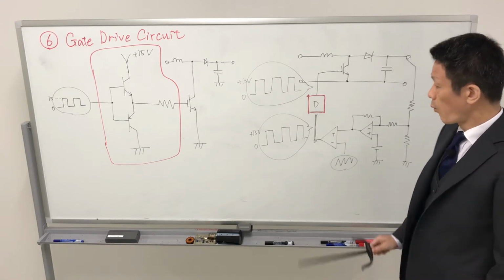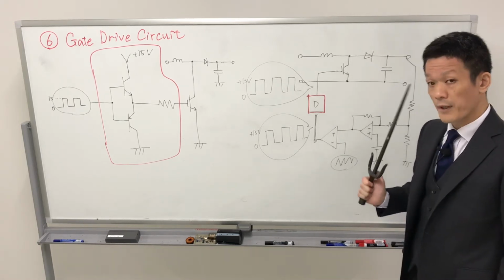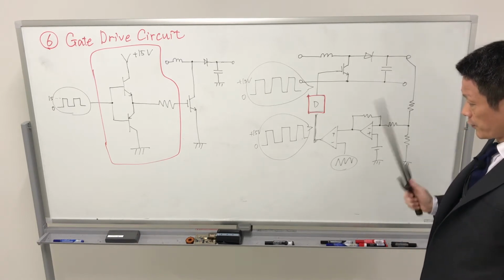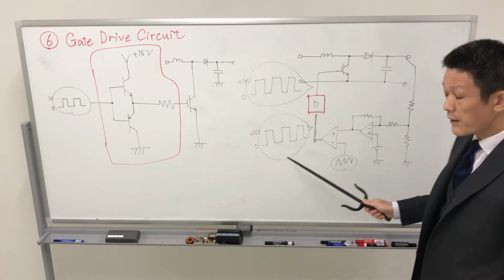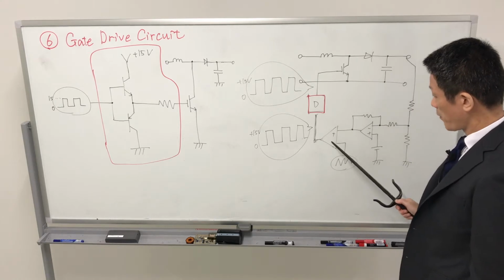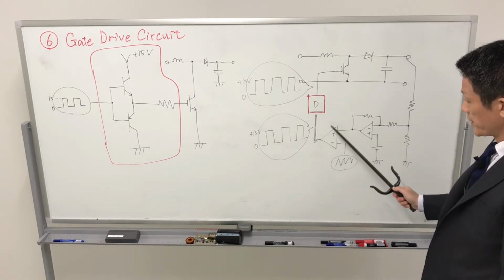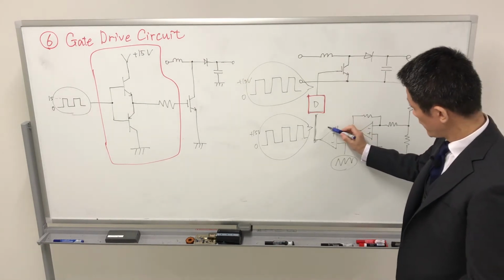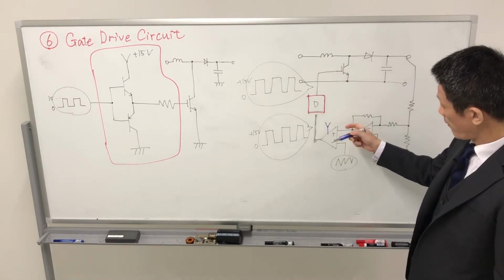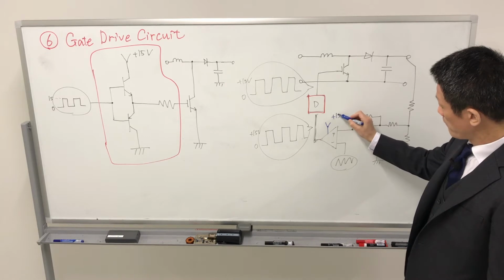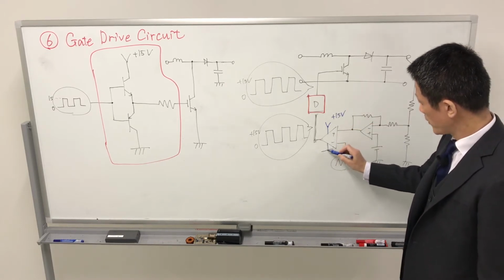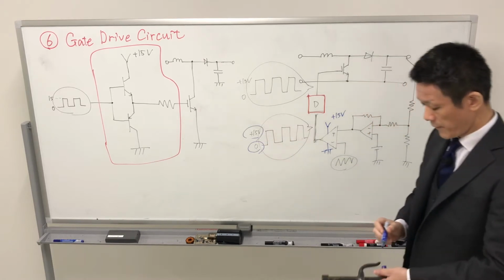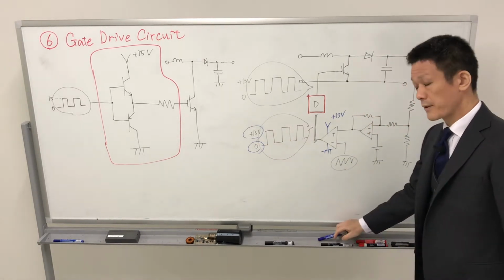So, why is the gate drive circuit required? We think the output power of the comparator is enough. This one uses a power source of 15 volt and 0 volt, so we can obtain the 0, 15 volt PWM pulse.